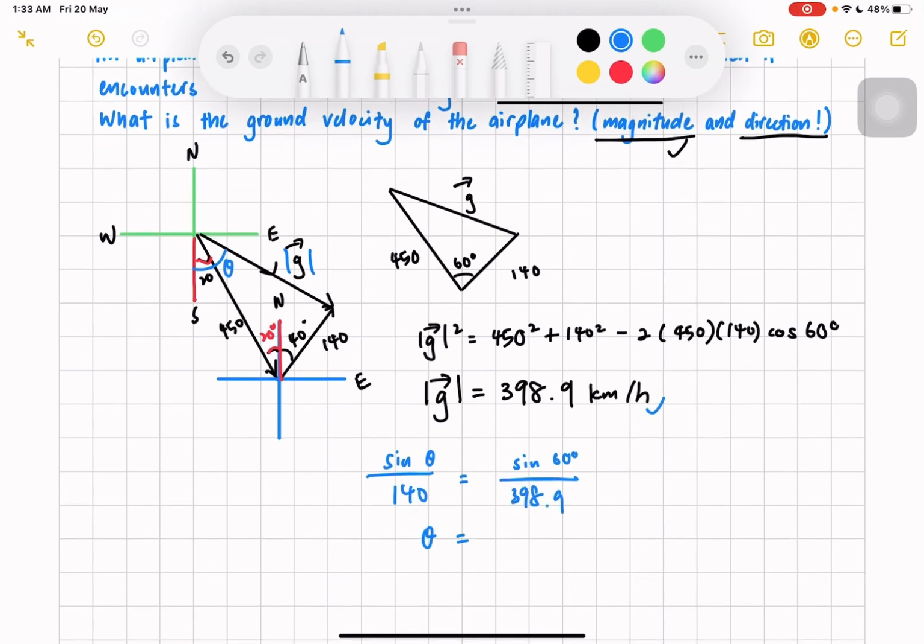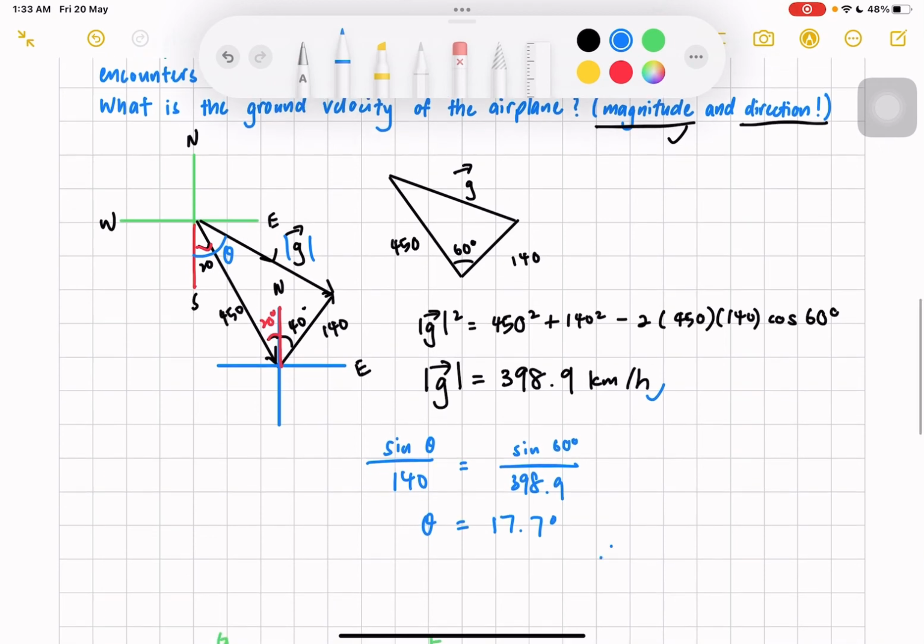If you complete this calculation correctly, you will get theta to be 17.7 degrees. So now you can write a concluding statement, which is 398.9 kilometers per hour in direction of south, 17.7 plus the previously 20, 37.7 degrees east.